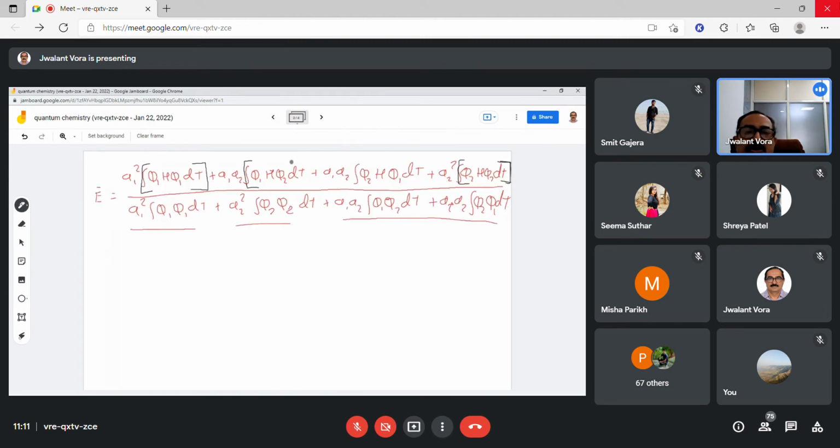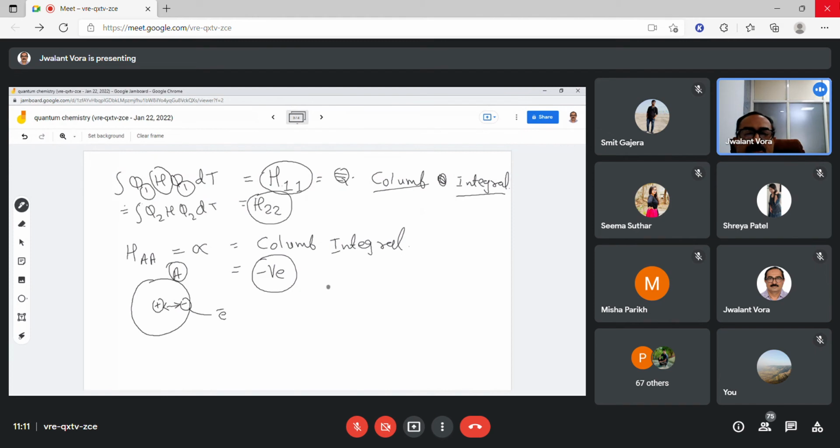અને બીજો આપણો ઇન્ટિગ્રલ છે phi2 H phi1 d tau અથવા phi1 H phi2 d tau, આ બીજો ઇન્ટિગ્રલ છે. So integration phi1 H phi2 d tau, આને કેવી રીતે લખાય, પહેલા ઓપરેટર લખે. પહેલું વેવ ફંક્શન 1 છે, બીજું વેવ ફંક્શન 2 છે, કાર્બન એટમ 1 અને 2 છે.